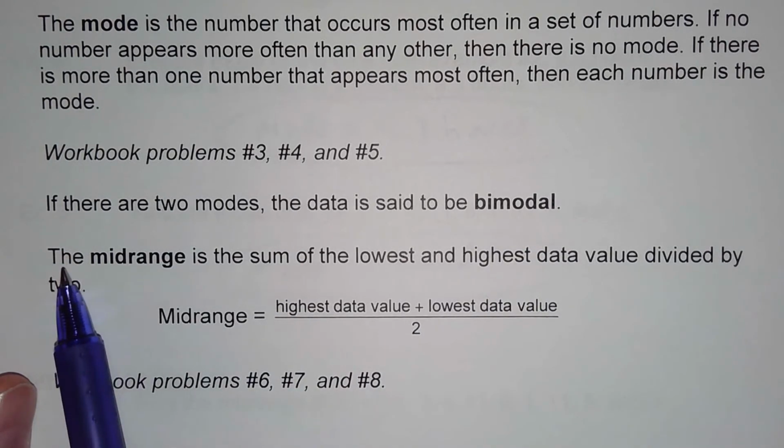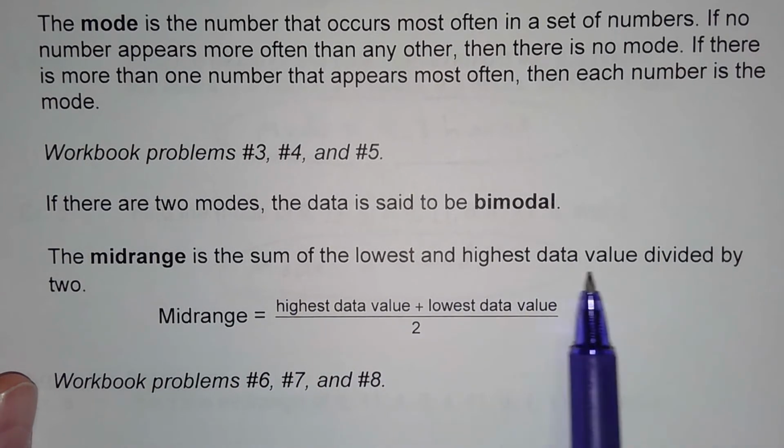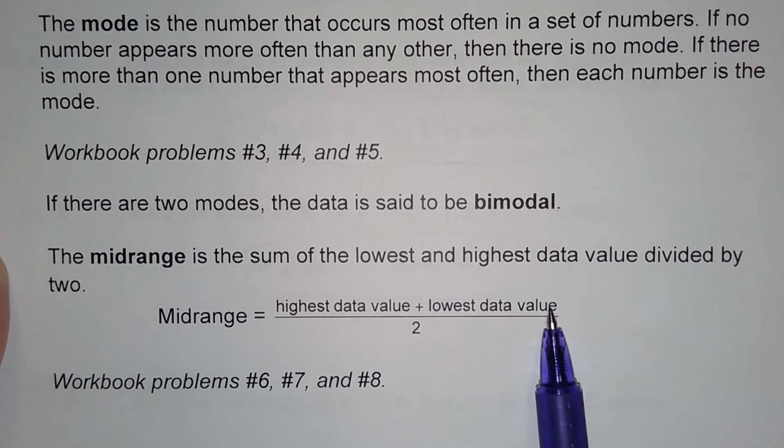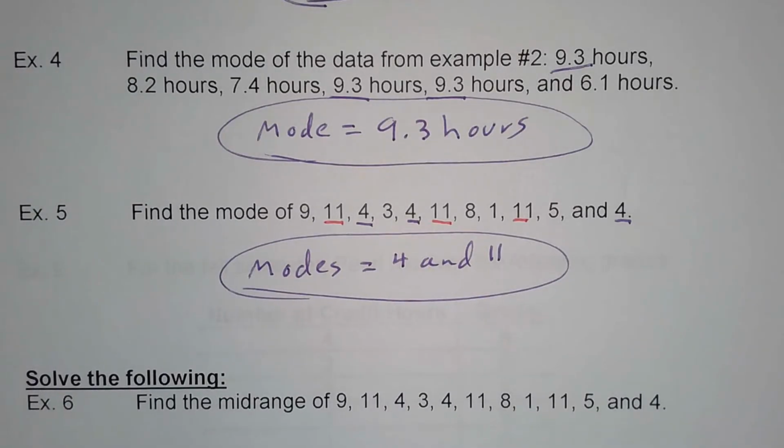And now we want to find the mid-range. The mid-range is the sum of the lowest and highest data value divided by 2. So we're just going to take our highest data value plus our lowest data value and divide by 2. So let's go back to our workbook and take a look at problem number 6. We're asked to find the mid-range.